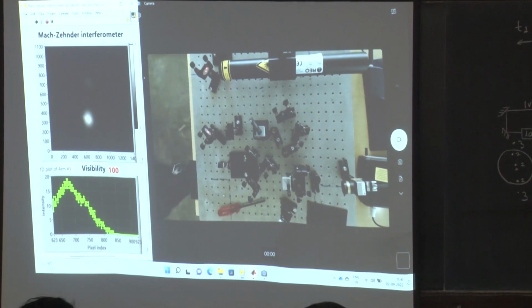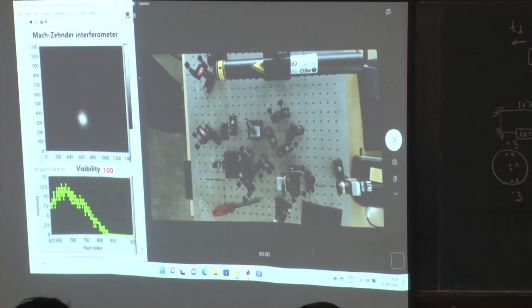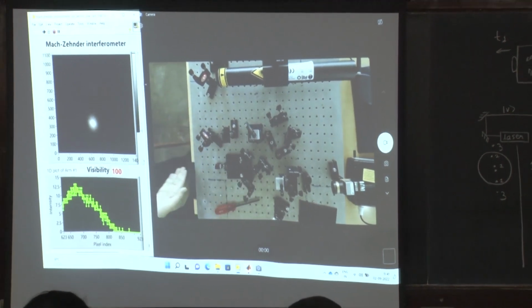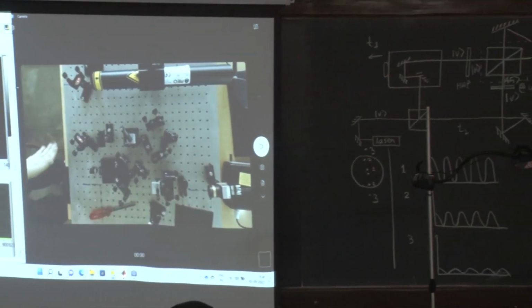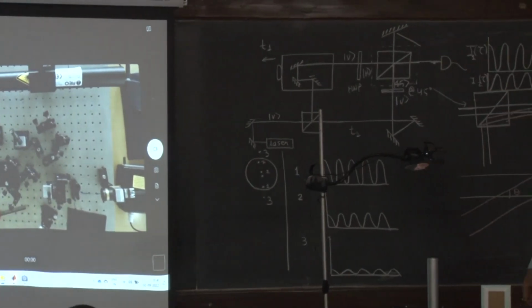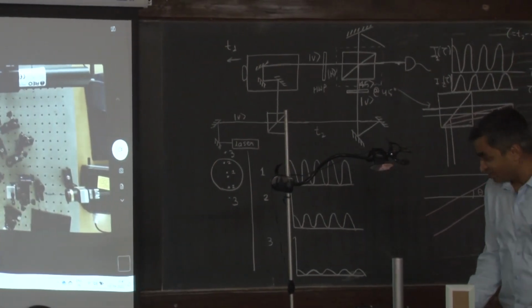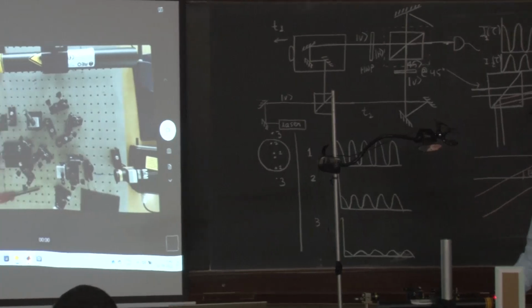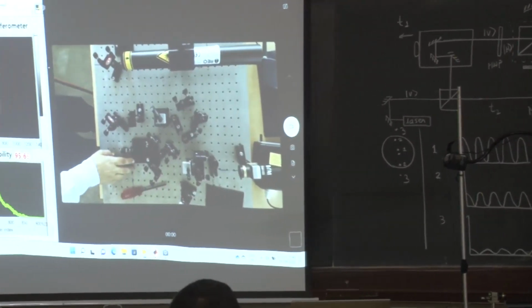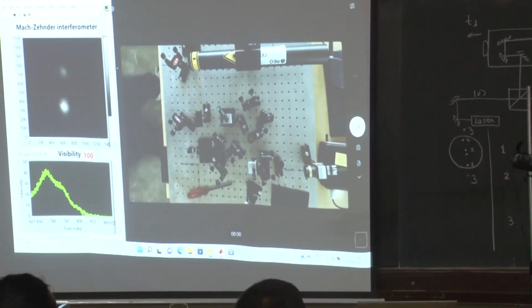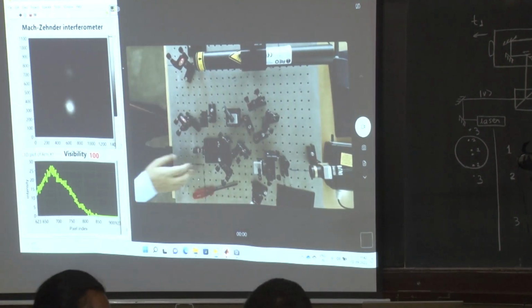So this is non-trivial. I was not sure if I could do it here, by the way. Because this Mach-Zehnder is on this kind of table, which is not an optical table, it's just a regular one. So this is actually very good. This micrometer is actually not very fine. It's also cheap enough, not very expensive.